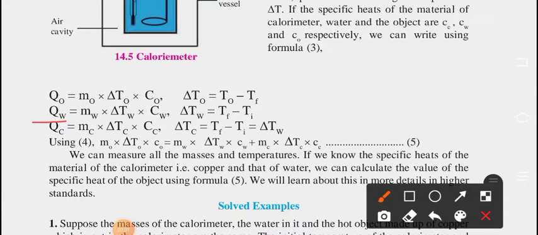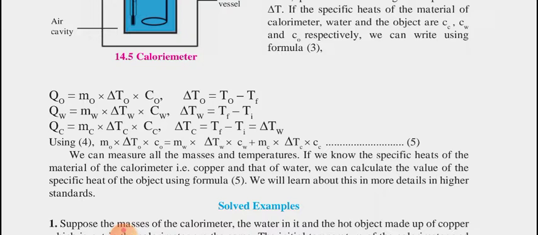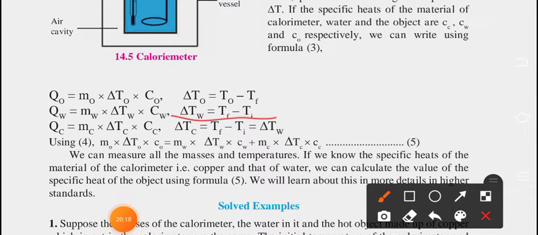Q means heat, with mass of water, specific heat of water, and delta Tw. Delta Tw gives you the temperature change of water, and it is final minus initial, that is why Tf minus Ti is written.